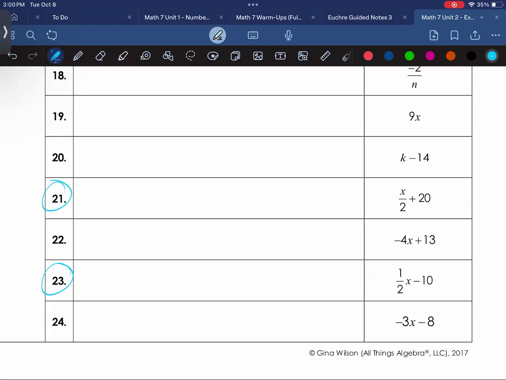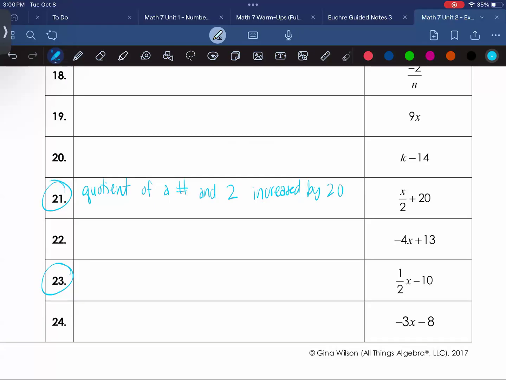So for 21, you could have said the quotient of a number and 2 increased by 20.